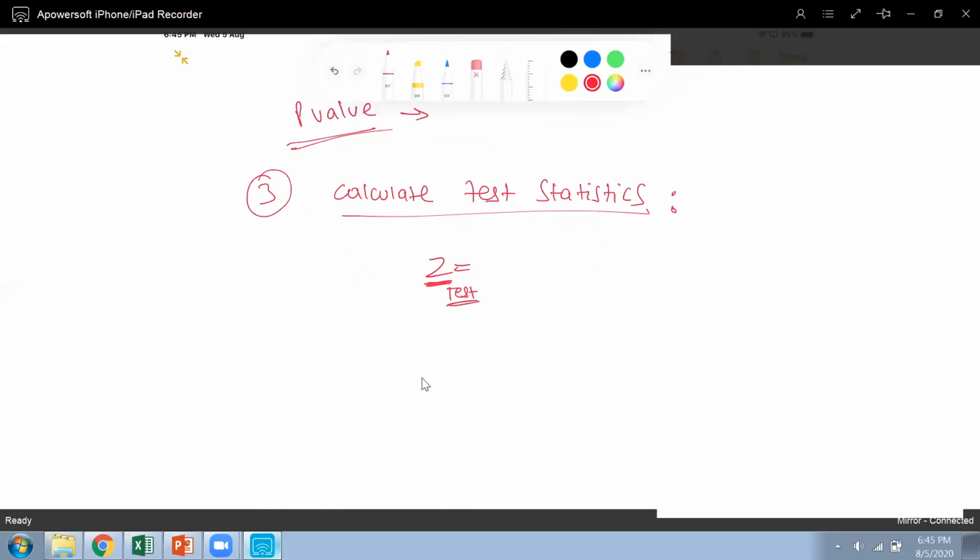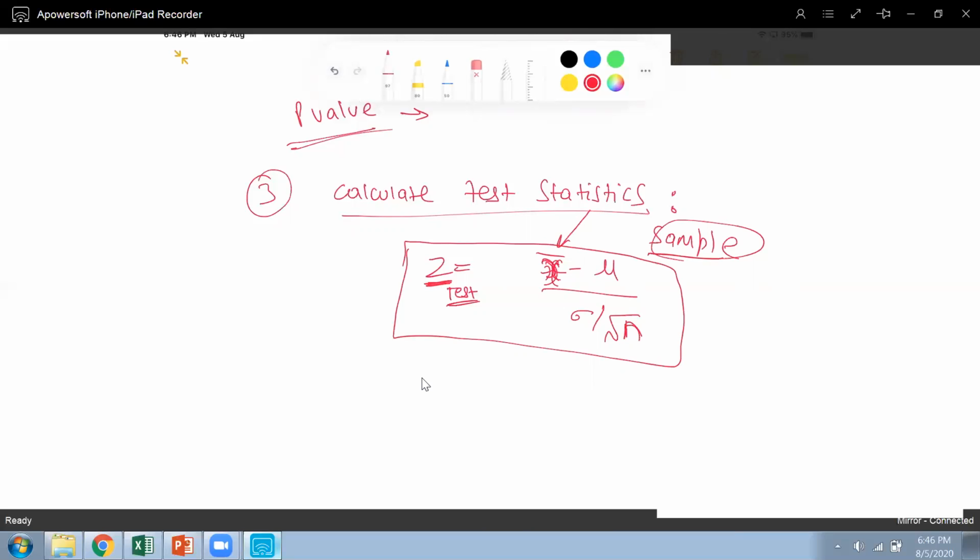This z test formula would now be x bar minus mu, whole upon sigma by root n. Why have I written this x bar over here? Because I am finding it with respect to my sample. Test statistics is done on the sample. So using this we will find this z value, x bar minus mu whole upon sigma by root n.